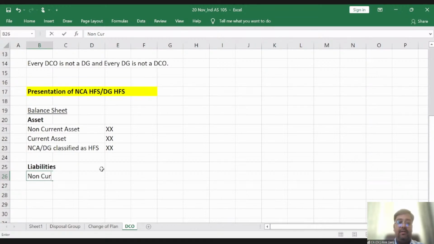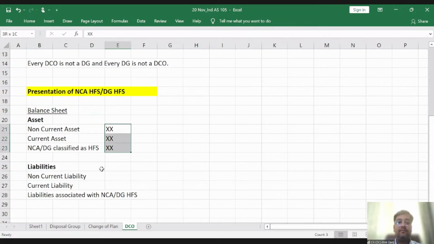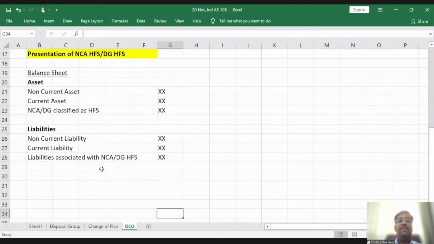There will be a non-current liability, there will be a current liability, and there will be liabilities related to or associated with NCA or DG classified as held for sale. Clear? This is your presentation in the balance sheet for non-current asset held for sale and disposal group held for sale.